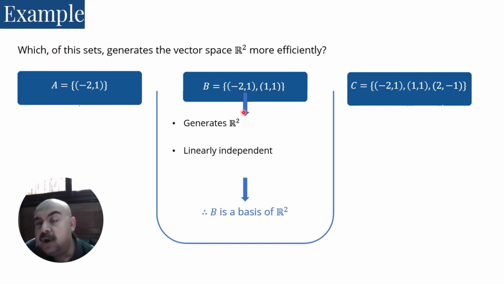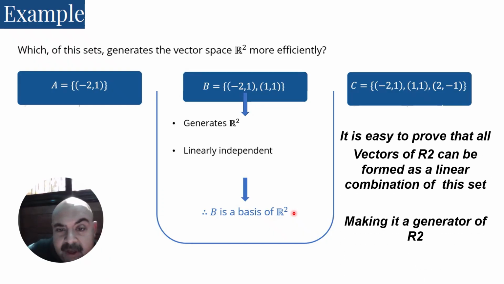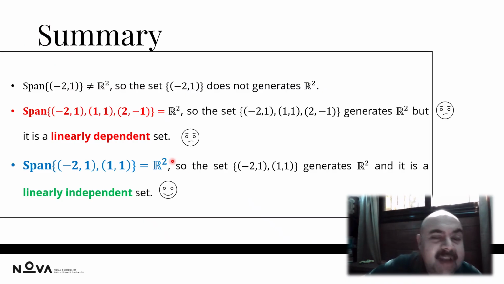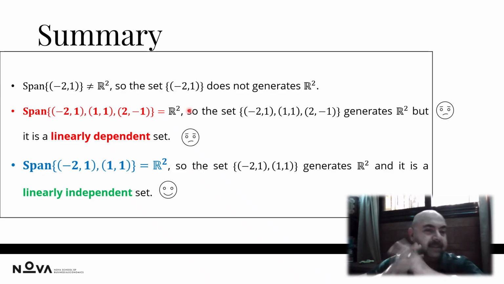There is no scalar value you can multiply by any one of them to generate the other vector. So B could be a basis of R2. It is easy to prove that all vectors can be formed as linear combinations of the set, making it a generator of R2.